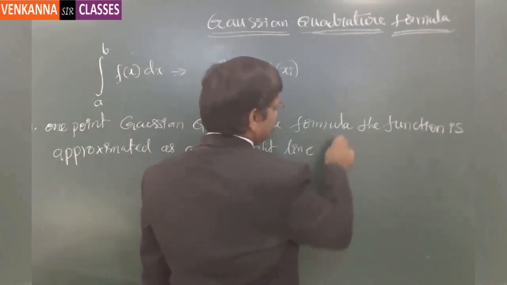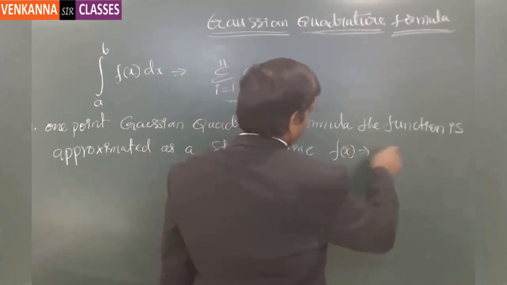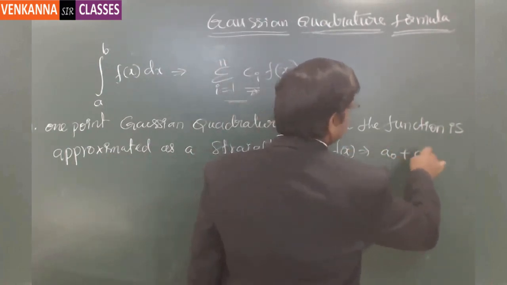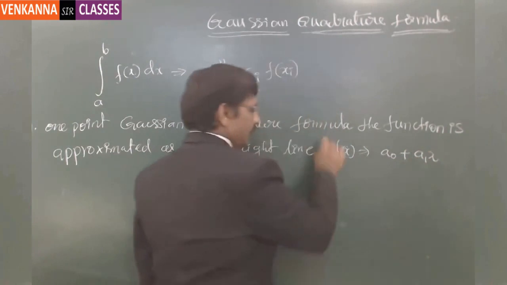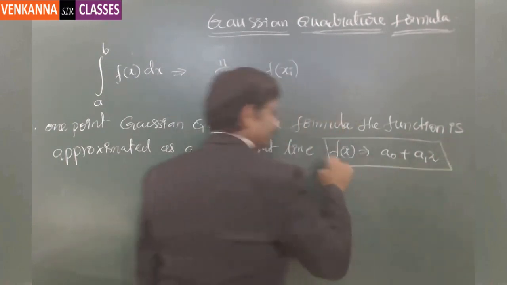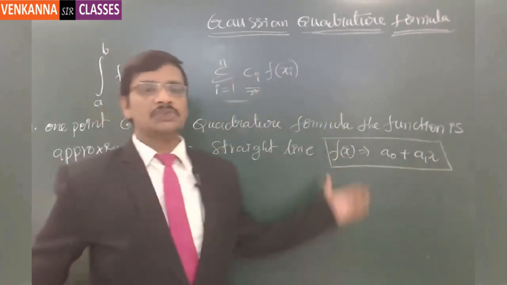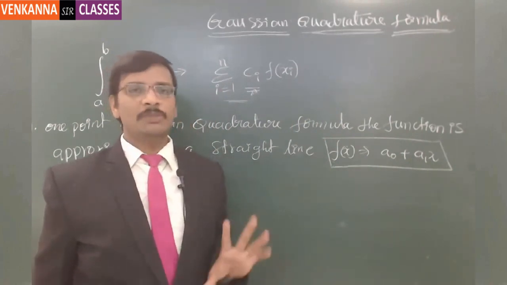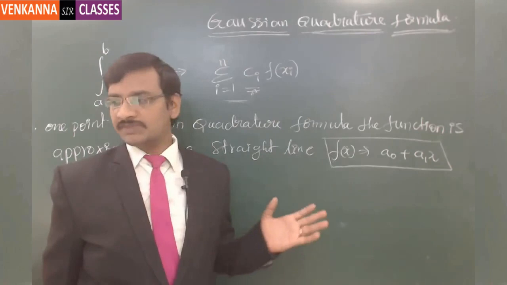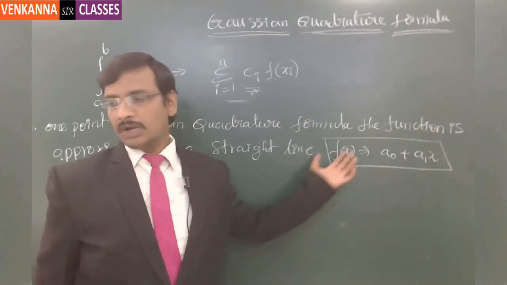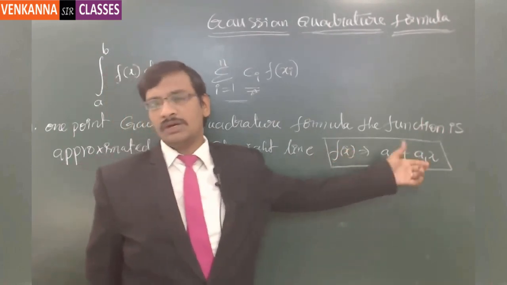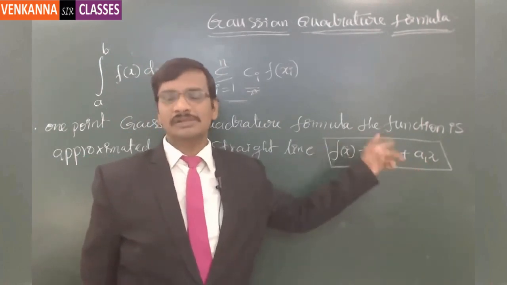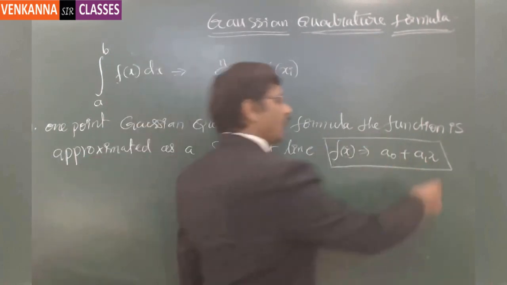So this straight line is f of x equal to a0 plus a1 into x. As we know already, with the help of Maclaurin's expansion, you can express any random function in terms of polynomials with some unknown constants, right? So these are the constants. This is approximated as a single polynomial, that is of order 1.